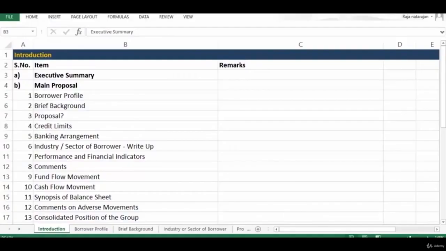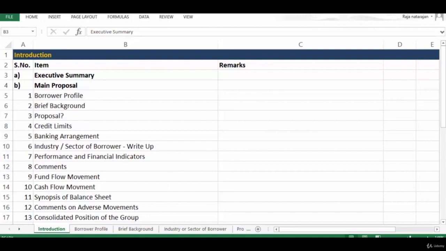How to write a bank loan proposal. Why you should know this? Understand, the core business of any bank is lending. If they want to make revenue, if they want to make profit, they have to lend. So lending is the core activity, and the lending decision is taken based on the loan proposal submitted to the sanctioning authority.